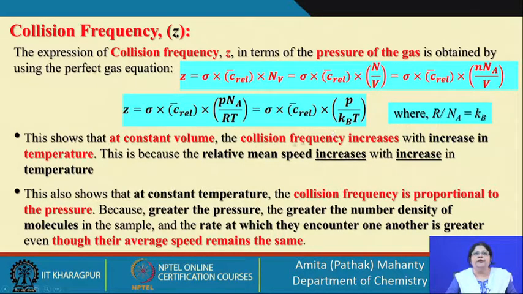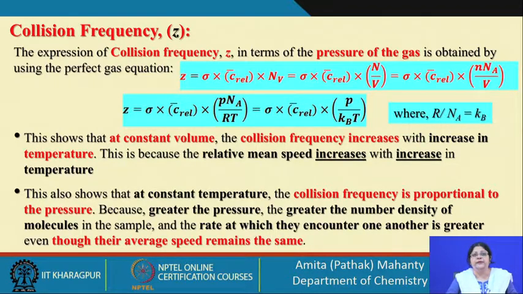Let us have a look at the collision frequency at constant volume. What is going to happen? At constant volume, collision frequency is going to increase with an increase in temperature. The expression does not have a directly proportional temperature factor, but collision frequency increases when there is an increase in temperature if the volume is held constant. Why is this so?